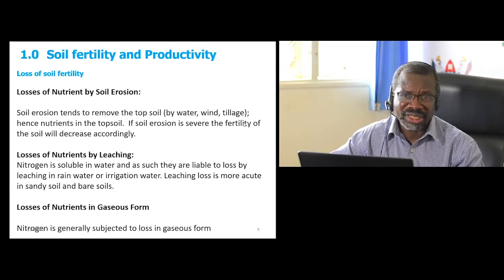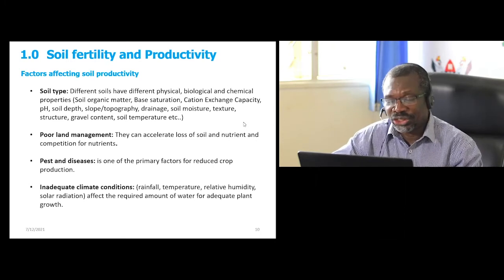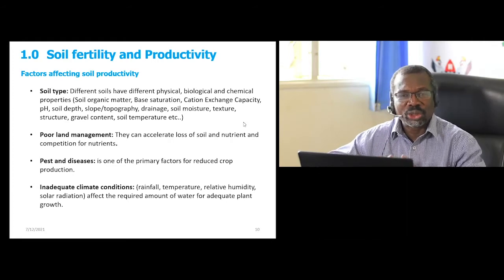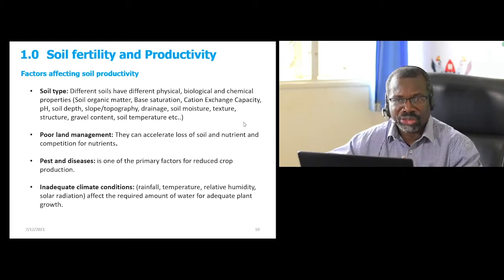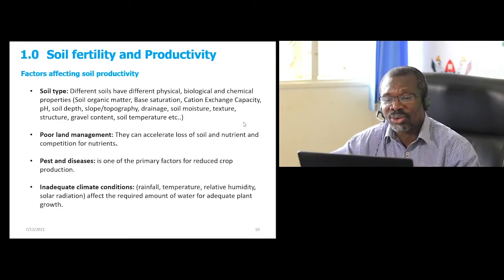So generally, soil fertility depends on several things. And here, I'm basically looking at four different elements. One is the soil type. Different soil types have different inherent fertility because of the nutrients they have, because of their characteristics, both, let's say, physical, biological, and the chemical content.